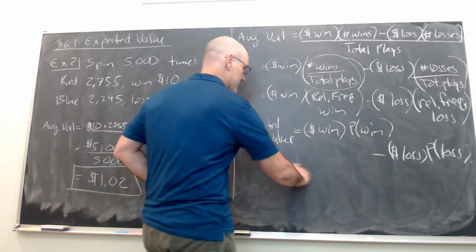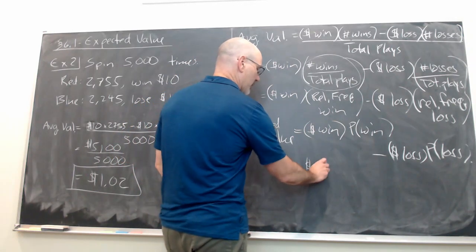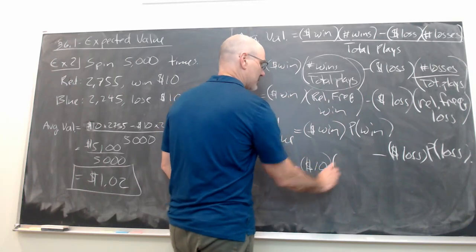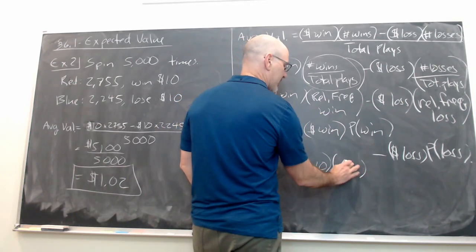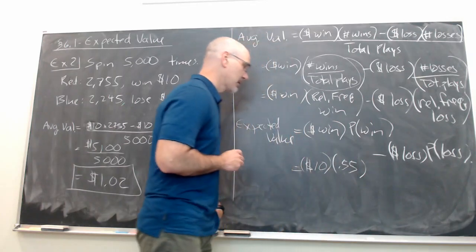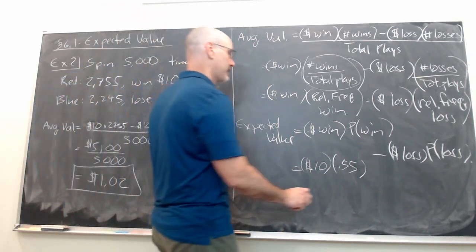So for this particular spinner game, the amount we win is $10 times the probability of winning. That's 0.55, because the red is 55% of the area.